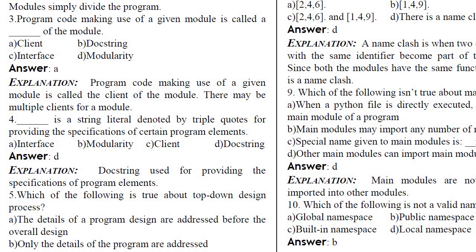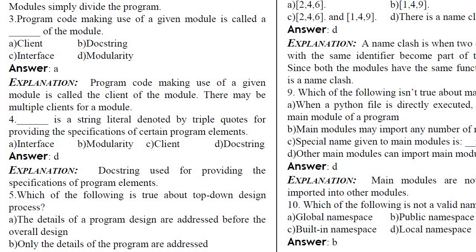Now next question: dash is a string literal denoted by triple quotes, for providing the specification of a certain program element. I already explained triple quotes, where we use triple quotes for our docstring. That would be a docstring, because a docstring is used for providing the specification of a program element.